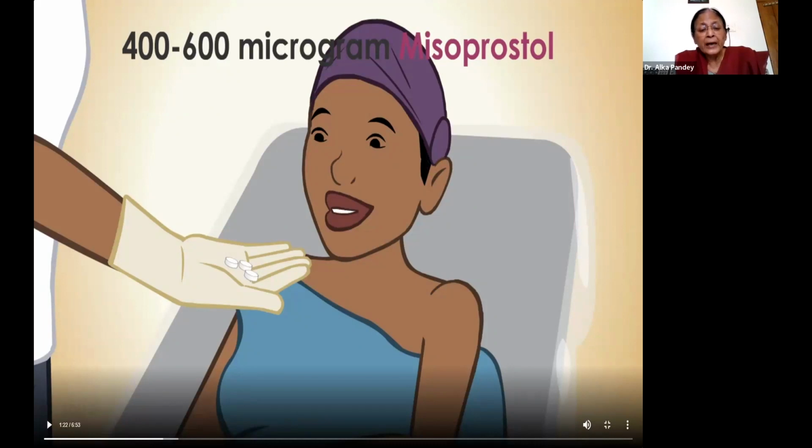Government of India has used misoprostol 400 to 600 microgram for rural women where there is lack of electricity. So you give it orally. Next. Next slide, please.